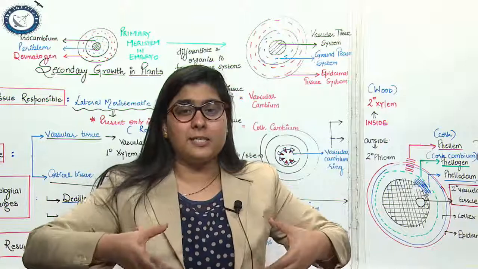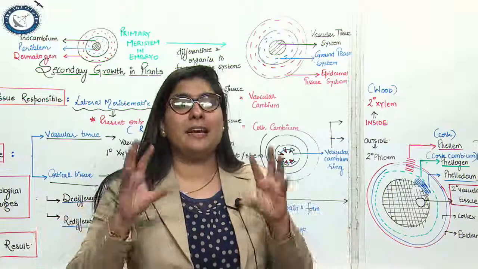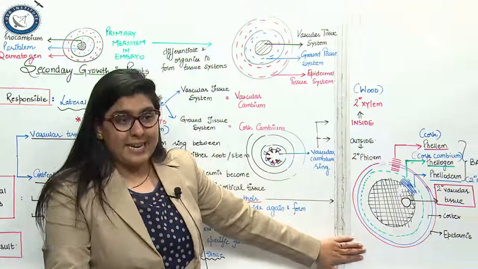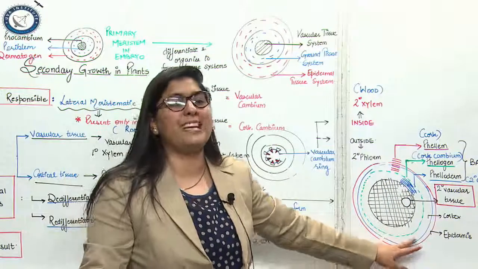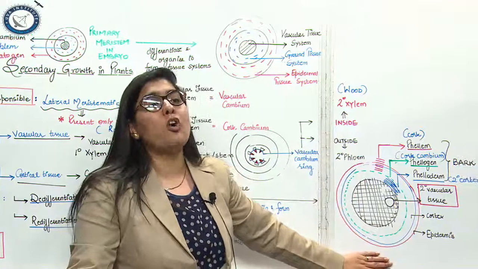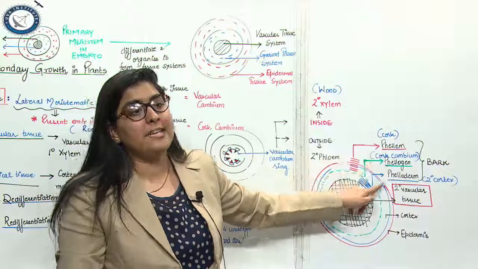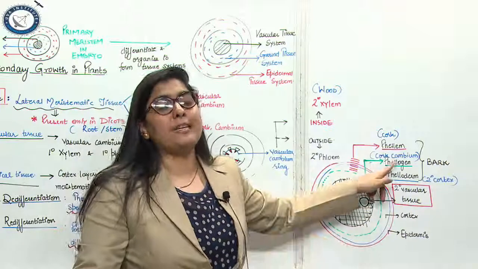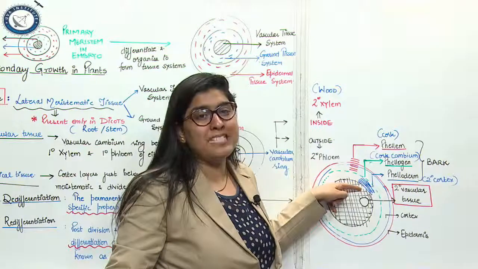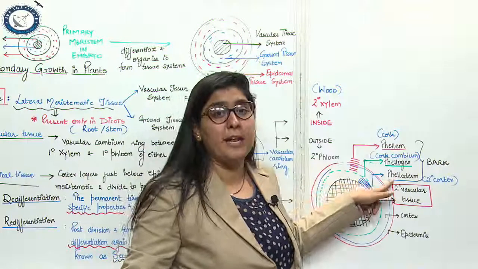Once the internal tissue system growth increases, it gives signals and activates the tissues which are present in the cortex or the ground tissue system just below the epidermis, and those cells become de-differentiated, form the cork cambium, the green line. This cork cambium is also known as phellogen. It divides on the inside, forms a secondary cortex tissue which is known as phelloderm.